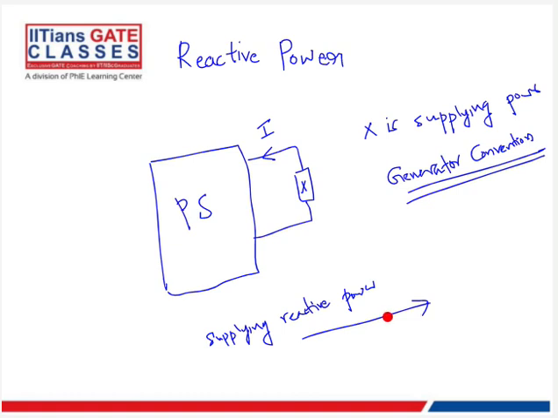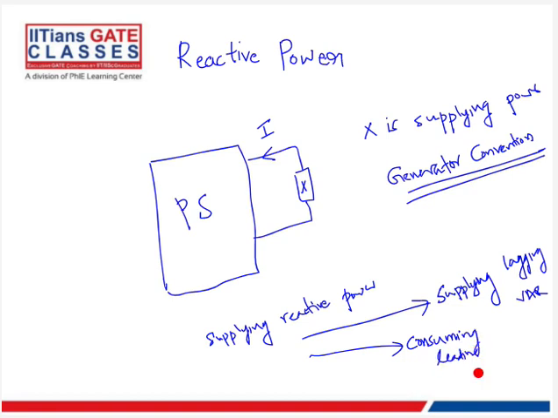First one is supplying lagging VAR, or consuming leading VAR.